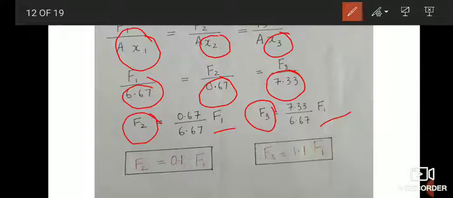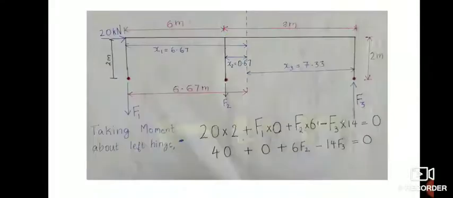If you divide, F2 can be written as 0.67 into F1 by 6.67. So you may go through this. Okay, so F2 is equal to 0.1 F1 you will get, and F3 is equal to 1.1 F1 you will get. Then you have to take moment about the left hinge. So now we have marked F1 tensile.